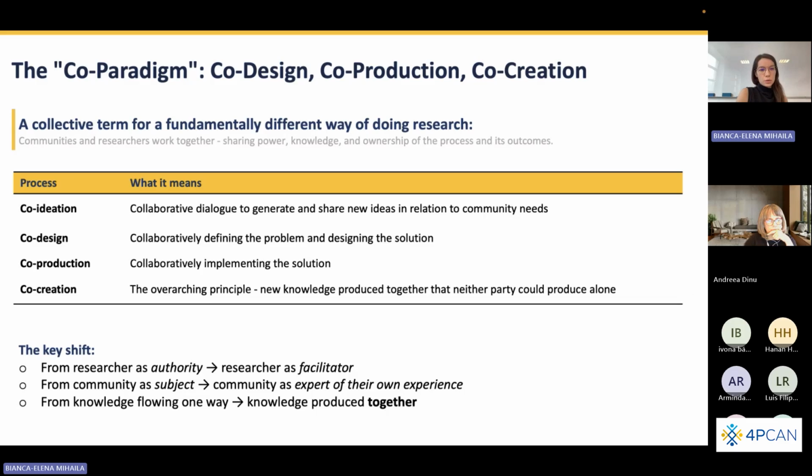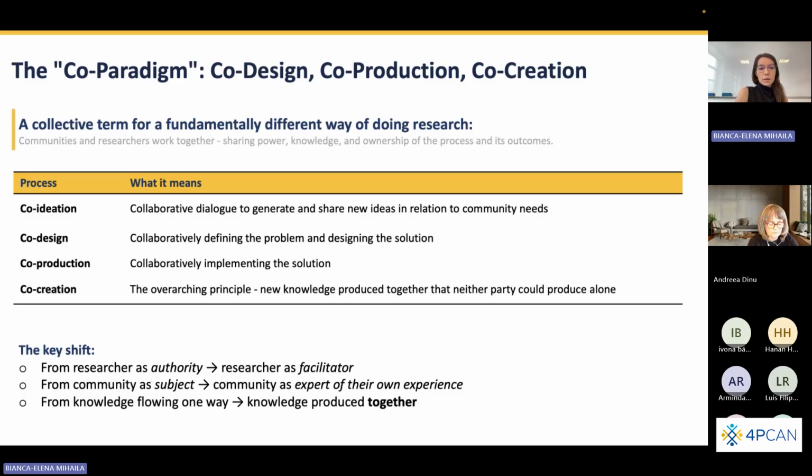In contrast to extractive research, there is a growing family of collaborative approaches that has emerged under the prefix of co. It's about the co-paradigm: co-design, co-production, co-creation. It means that a research or a study is conducted both by the researchers and by the citizens, or the participants.